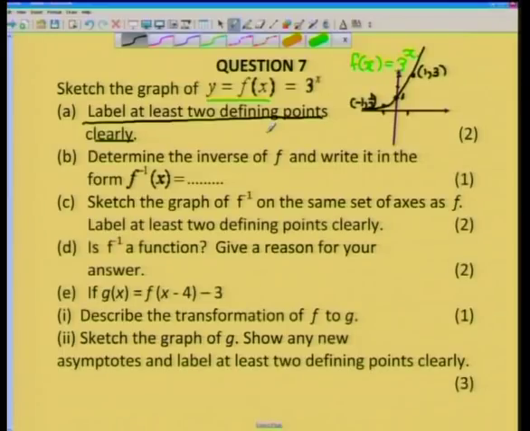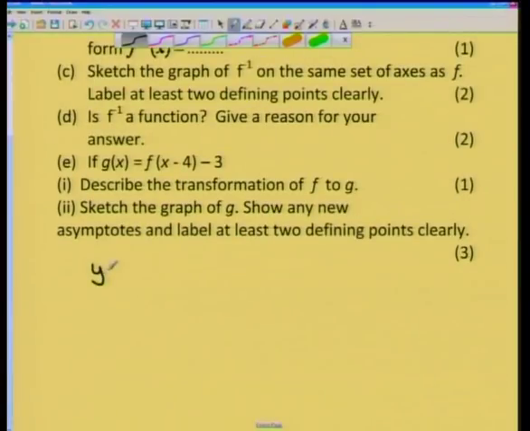Now it says determine the inverse of f and write it in this form. So right, let's go to the bottom of this page and let's work with it. We know that we've got y equals 3 to the x. We are asked for the inverse, so the inverse would be x equals 3 to the y.